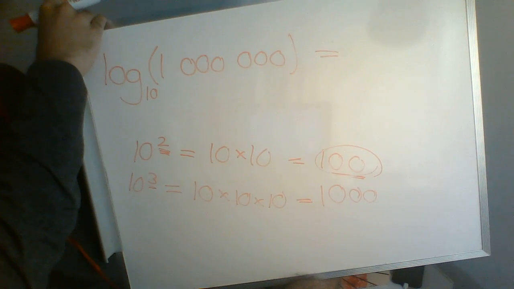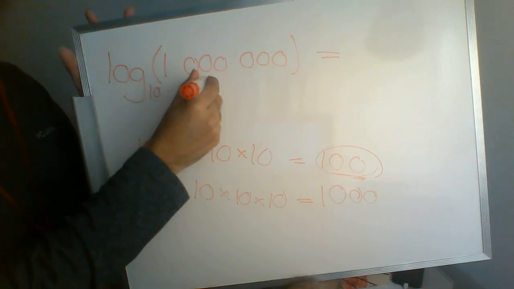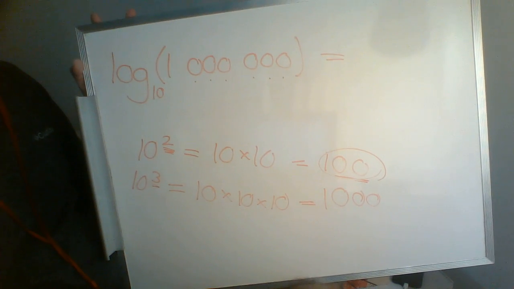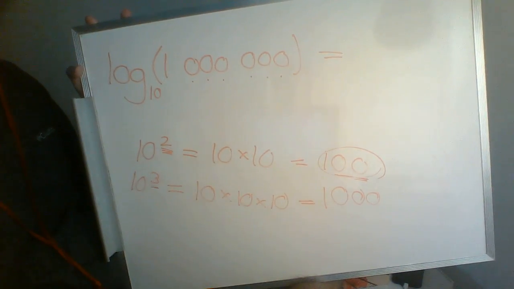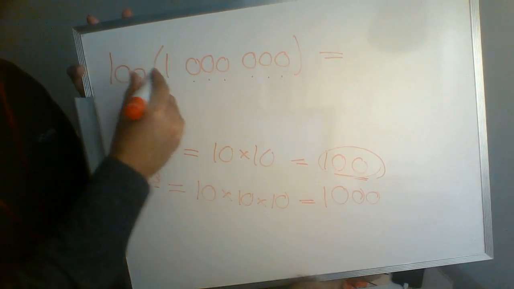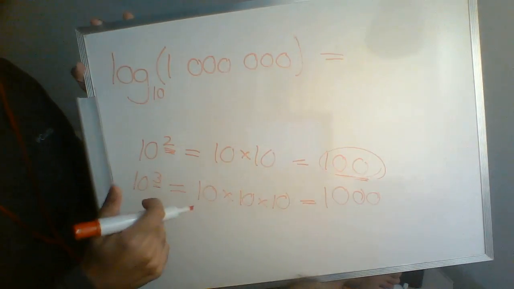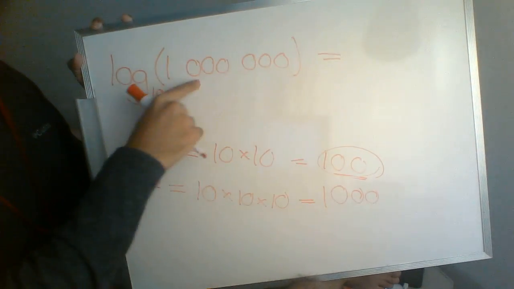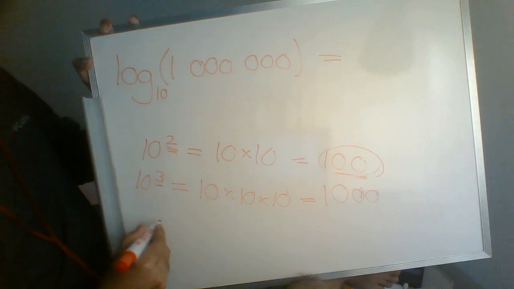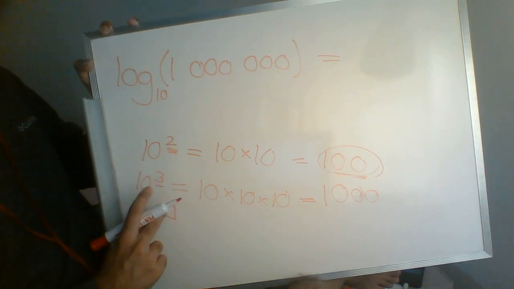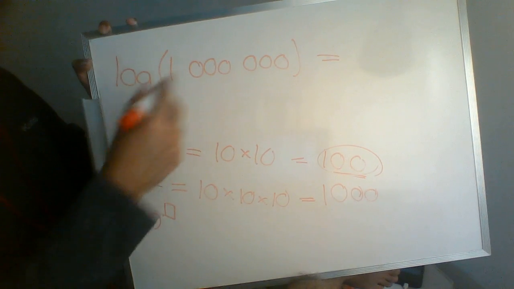So you could just solve this by counting how many zeros you have, and that would simply be your answer. 10 to that exponent would give you this number. So we want to know how many zeros are here. That'll tell us what our exponent on the 10 needs to be so that we get an answer of a million.